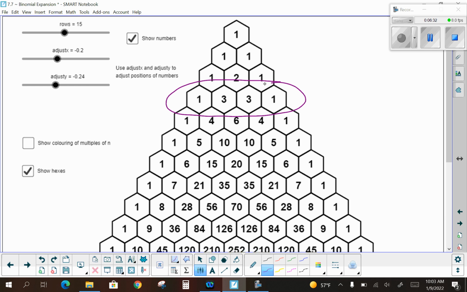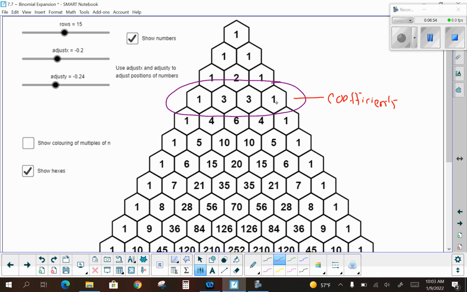Right there. So what happens is, guys, these numbers become the coefficients for our problem.